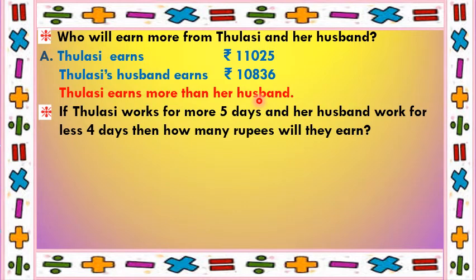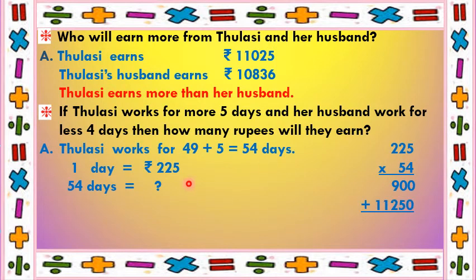Next question is, if Tulasi works for 5 more days and her husband works for 4 less days, then how many rupees will they earn? Children, it is already given that Tulasi works for 49 days.